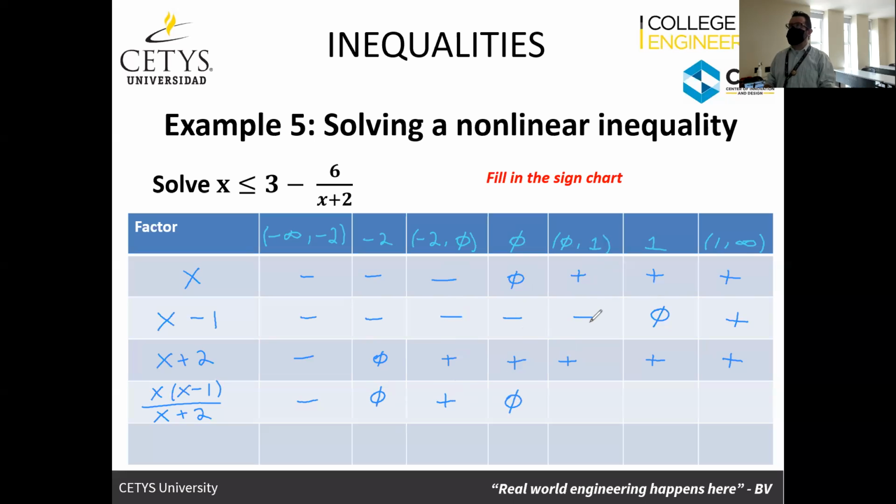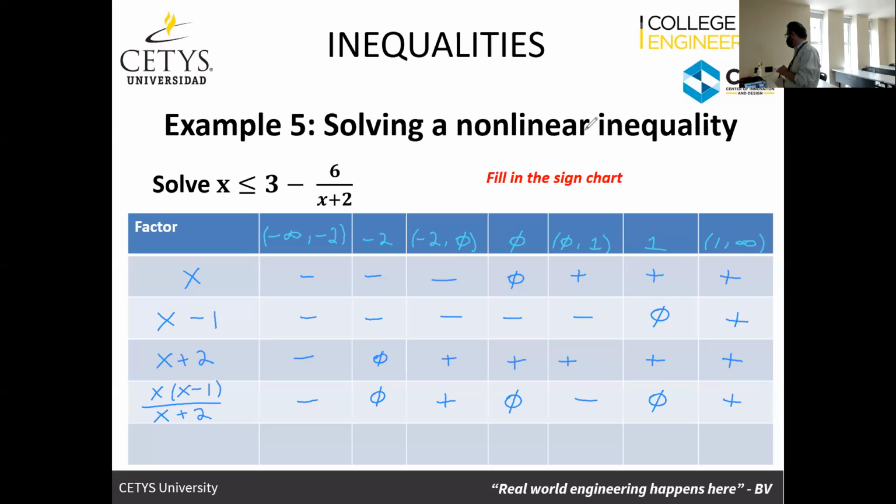Plus times minus is minus. Times plus is minus. 0 times anything is 0. And we've got plus, plus, plus here. This is going to be plus. That's the product that we have there.